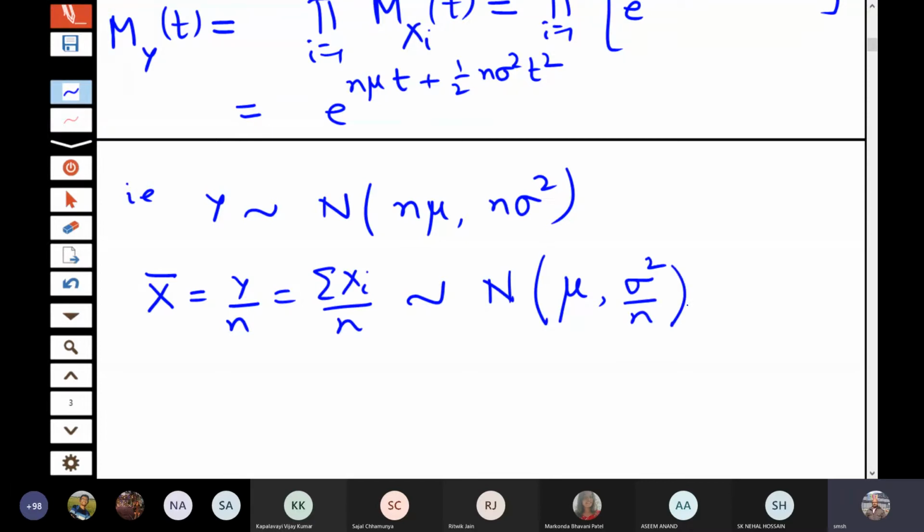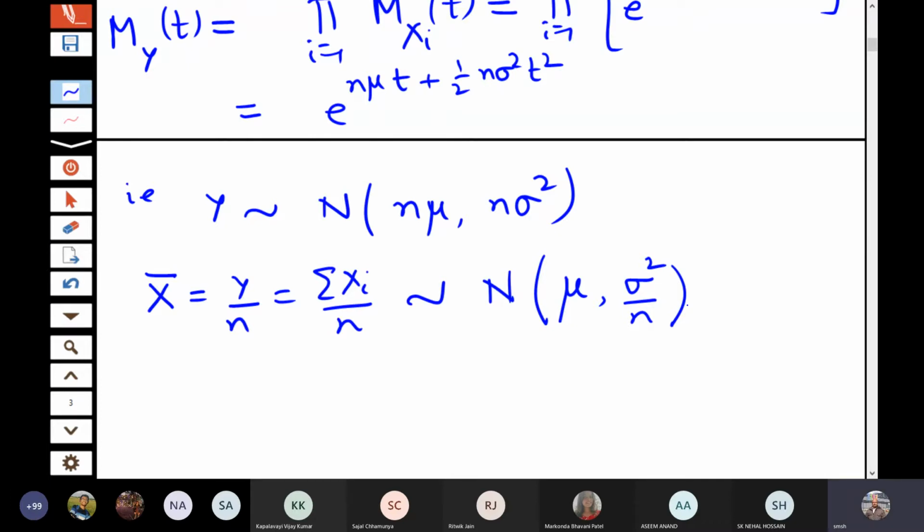So the mean of independent observations from a normal distribution also follows a normal distribution with the same mean, and the variance is divided by n. Is this okay? Is this statement clear? Yes, sir. Okay.